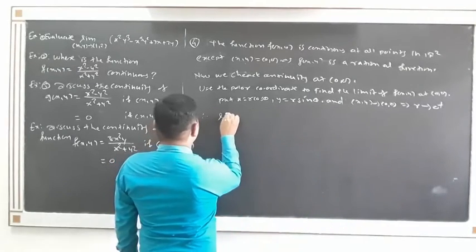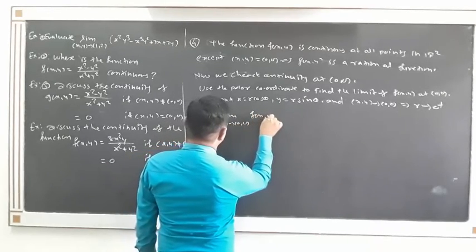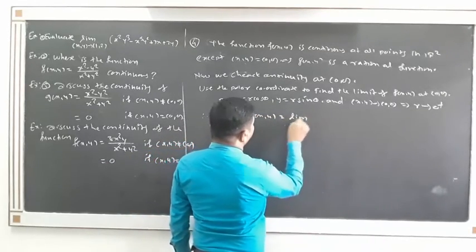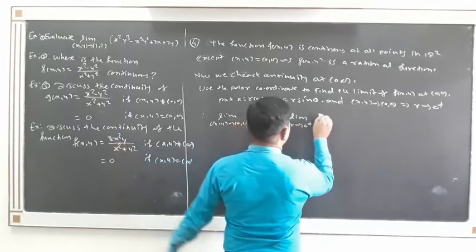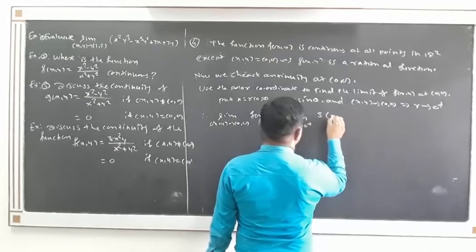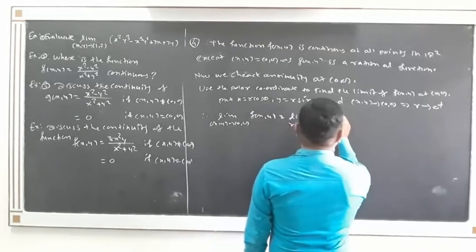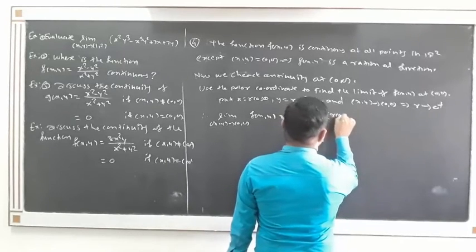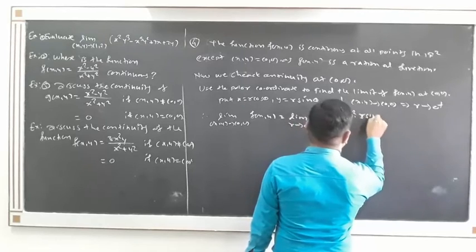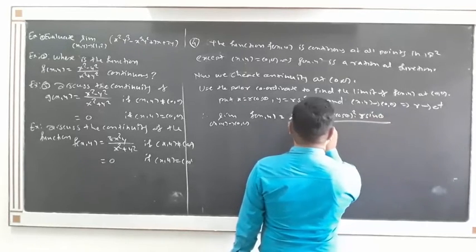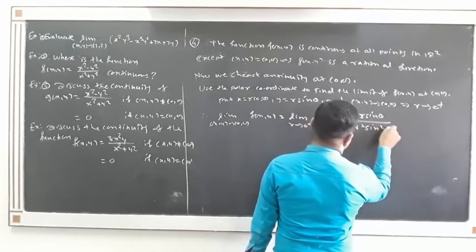Therefore the limit as xy tends to 0, 0 of f of xy is the limit as r tends to 0 plus of 3 into r cos theta square into r sin theta upon r square cos square theta plus r square sin square theta.